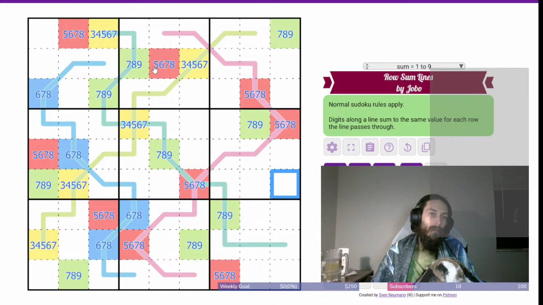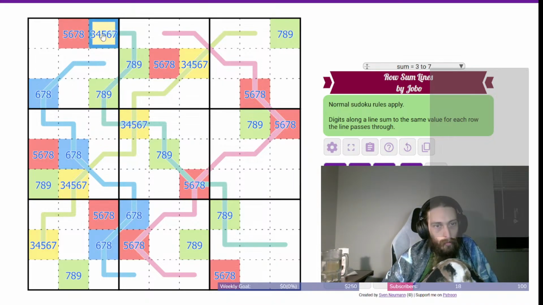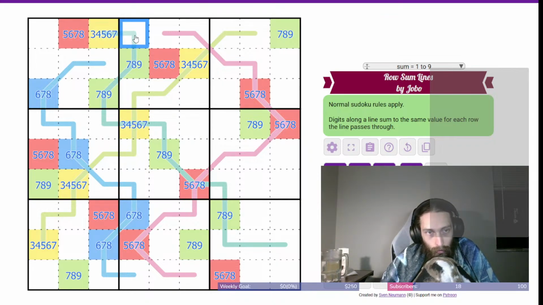Okay. Blue can still be 6 if it makes yellow 3. And still go here.